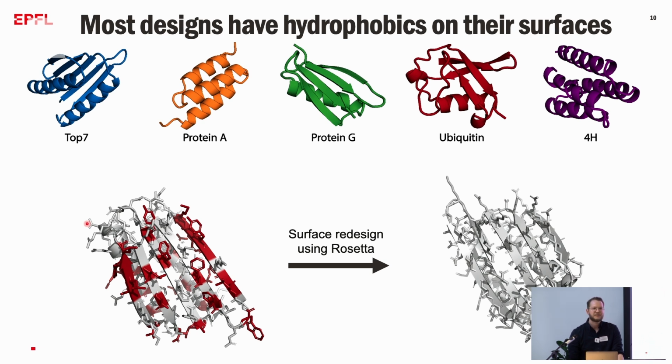Like Arne mentioned in his talk, you only show single chains to AlphaFold. So AlphaFold doesn't know what a protein contact or a protein-protein surface looks like, or what a regular protein surface looks like. These are all the things that could go wrong. So we decided to use Rosetta, a protein design tool, to redesign the surface to become completely hydrophilic. Then some of the designs started working, but still it wasn't great.